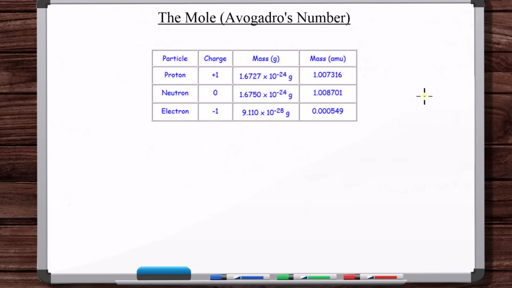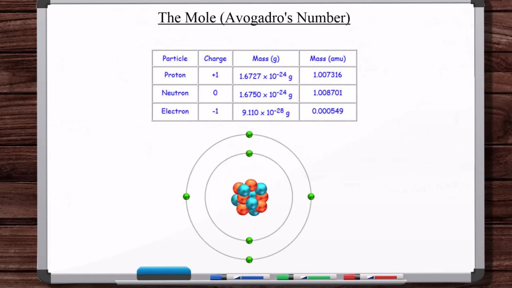Okay, great. Now, if we take a look at this table, you might notice something that's a little bit confusing here. Okay, here's a carbon-12 atom. By definition, if we take the mass of 6 protons, 6 neutrons, and 6 electrons and add all of that up, we should get exactly 12 AMU.